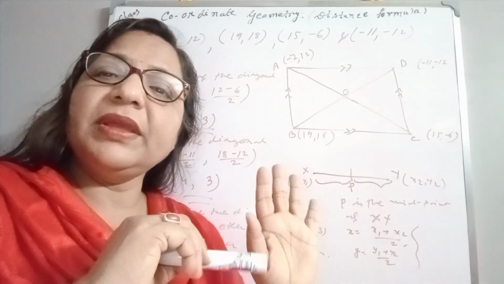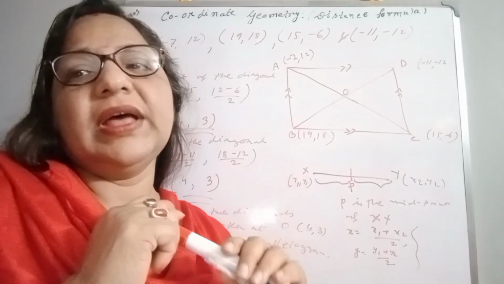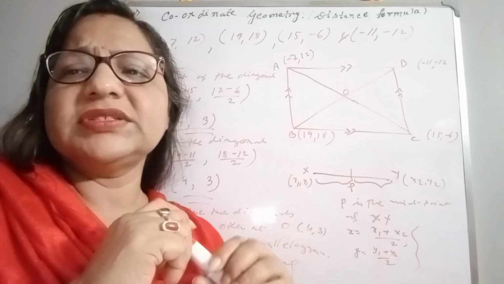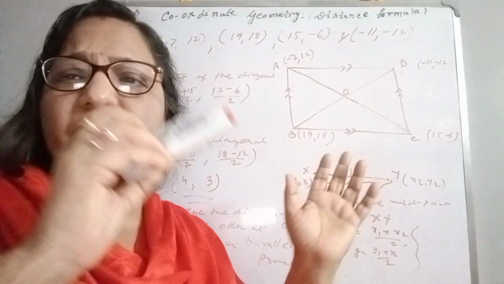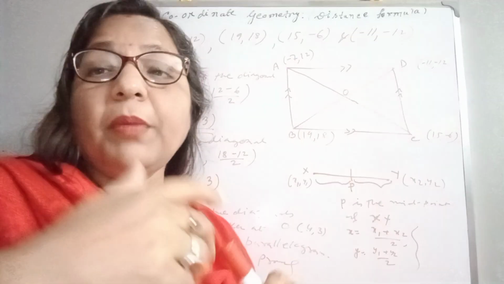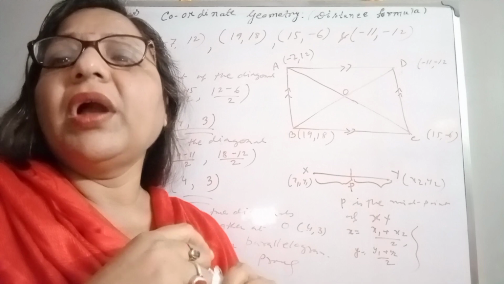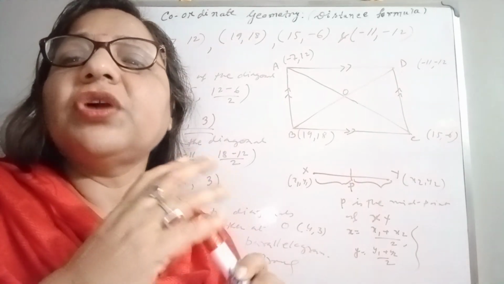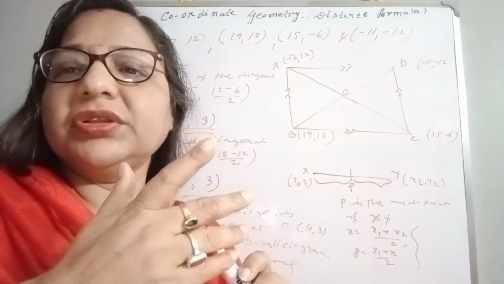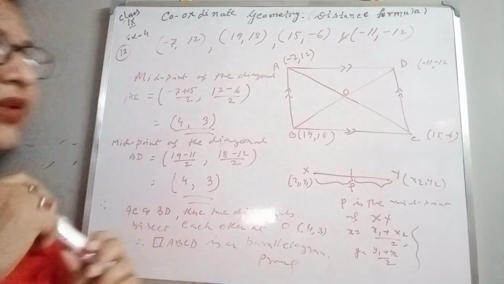This sum will be very long, so I don't follow that. I always avoid it because it is a very long method. It's better to follow another property: the diagonals of a parallelogram bisect each other. Bisection means the midpoint value is the same.